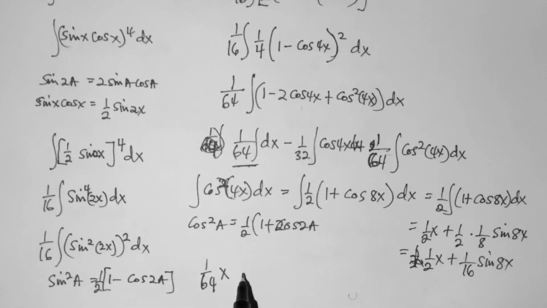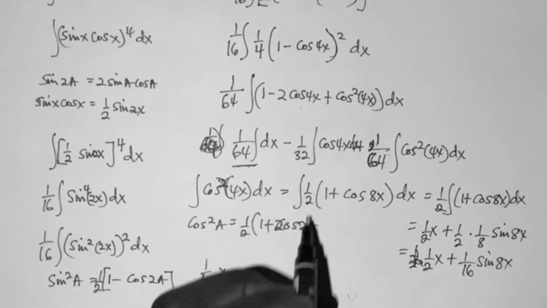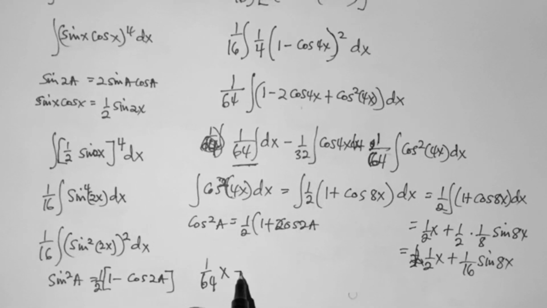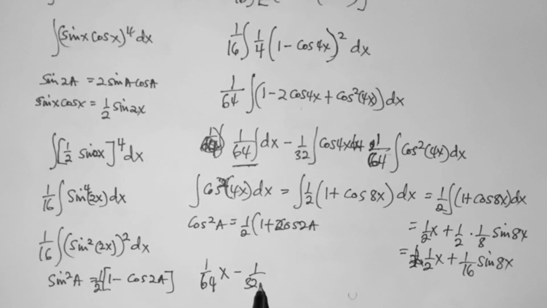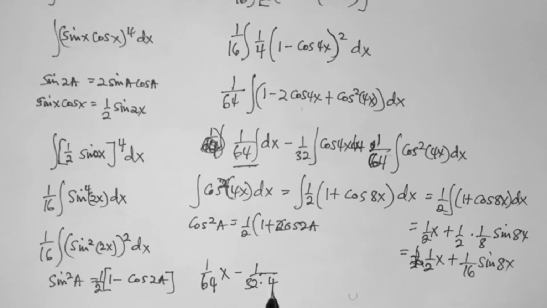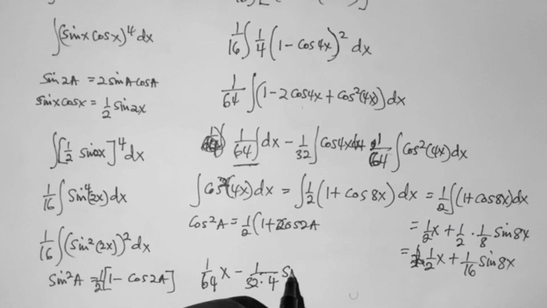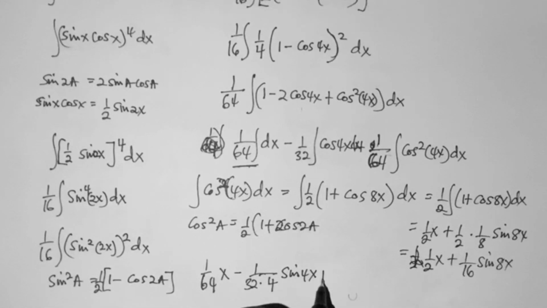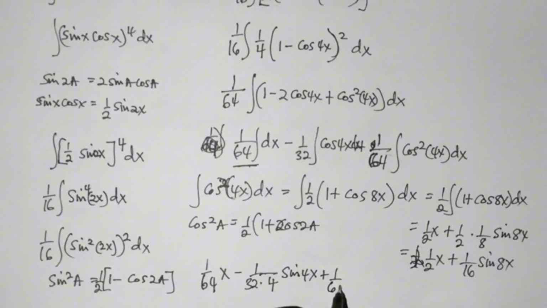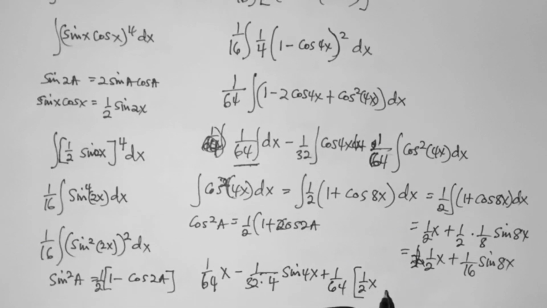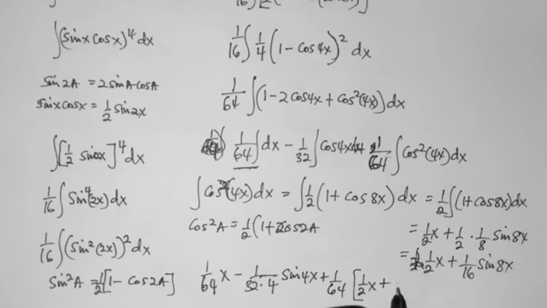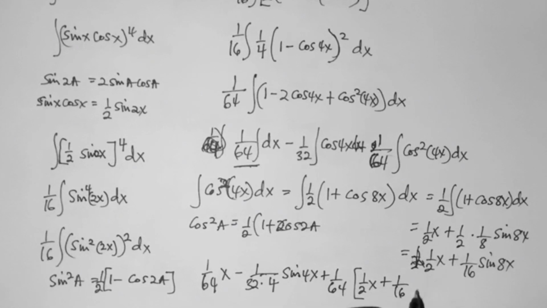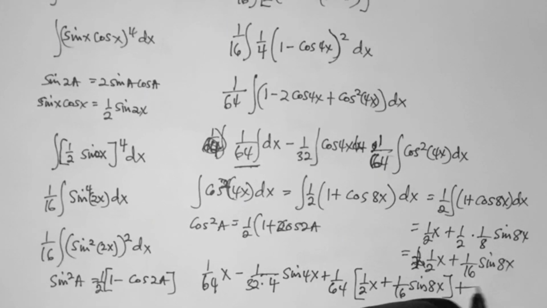And then if you integrate cos 4x, you get minus 1 over 32 times 4, then sine 4x. Then plus 1 over 64 times the bracket half x, and then plus 1 over 16 sine 8x, plus c.